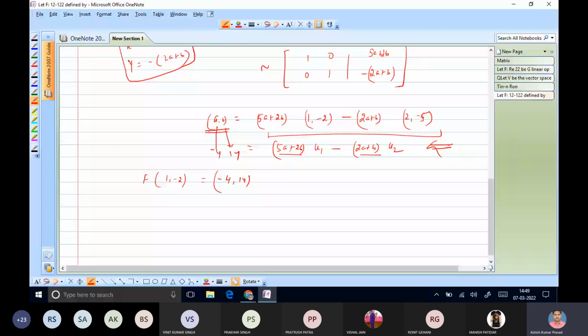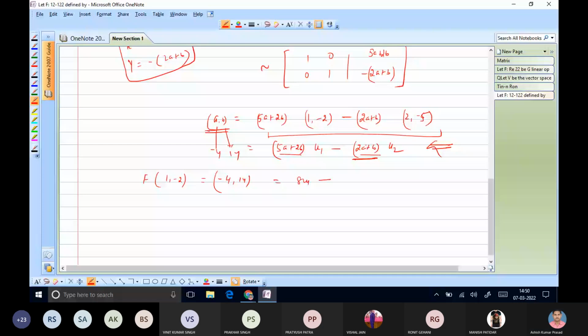So I am getting 8u1, and then minus, see here if I put 2a, so 2 into minus 4, minus 8 plus b, that is 14, so minus 6 u2.